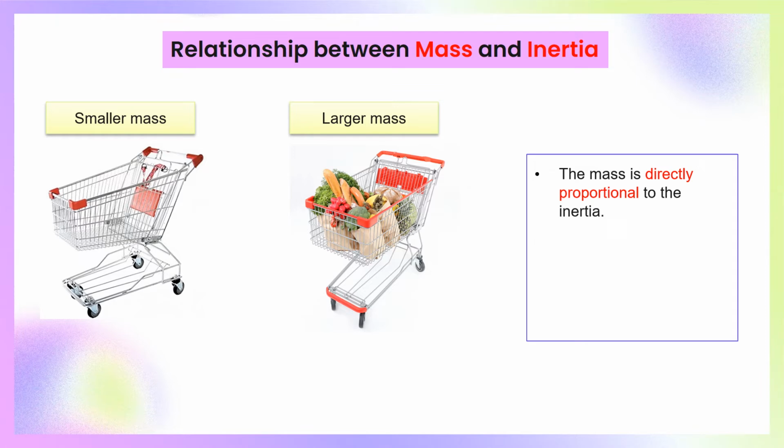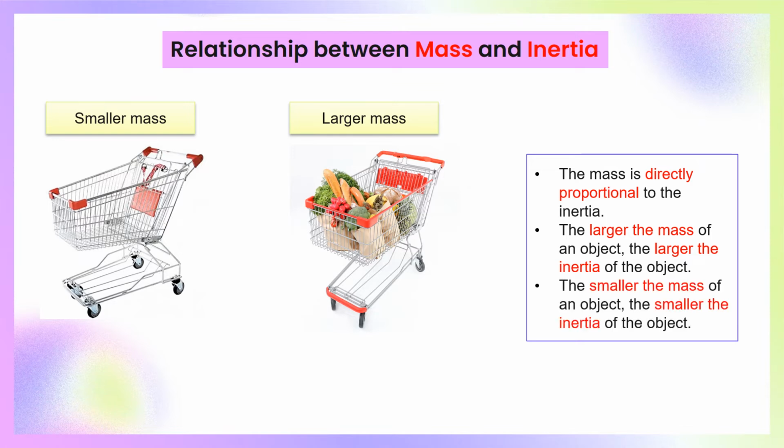When the mass increases, the inertia increases, and when the mass decreases, the inertia decreases. We also can say the larger the mass of an object, the larger the inertia of the object. And the smaller the mass of an object, the smaller the inertia of the object.